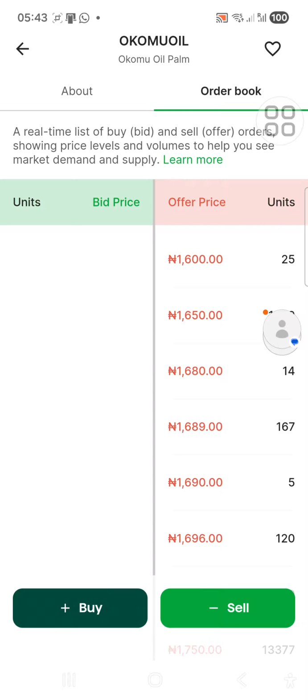You don't have to wait. But if you bid 1,590, that means you will have to wait until somebody lowers their price to 1,590, even though the market price of Okomu is 1,750.